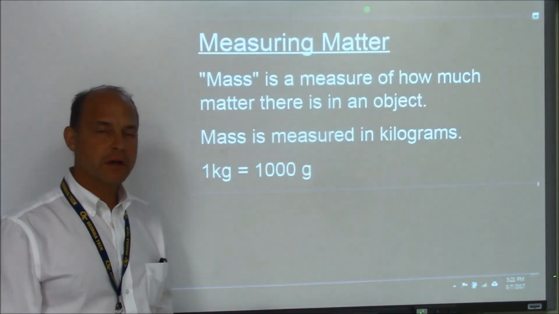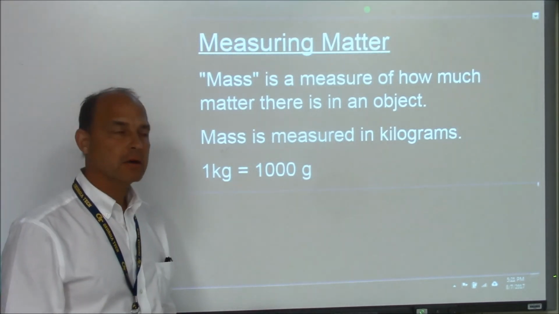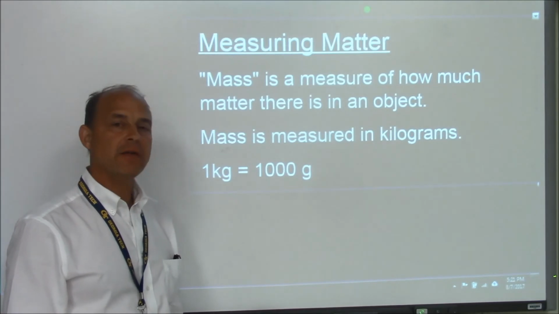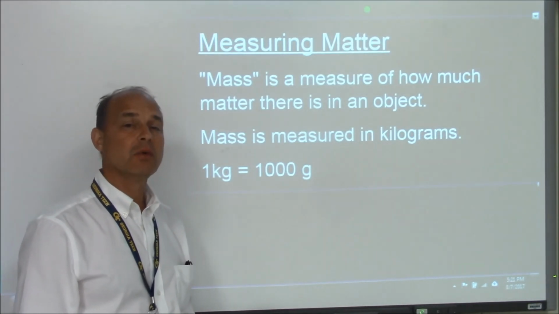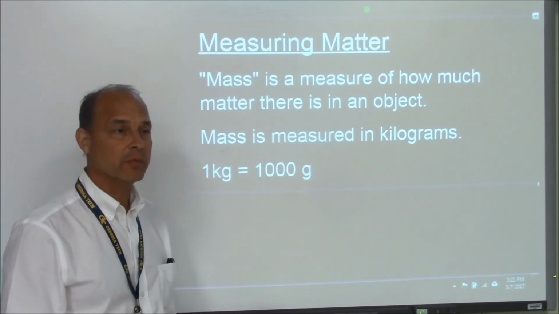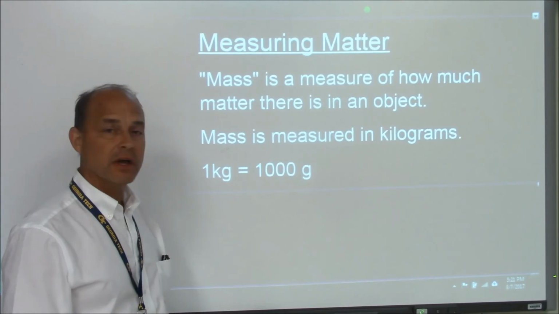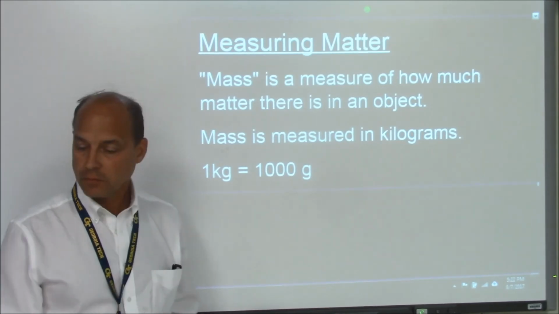The next thing we're going to talk about, and the next major point in your notes, is measuring matter. Everything is made up of matter, and that matter has what we call mass. And so when we mass something, we're determining how much matter there is in that object.